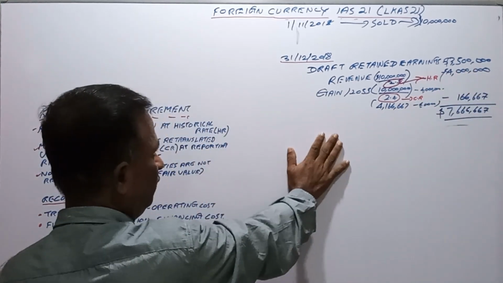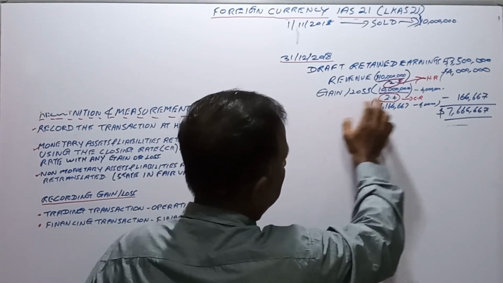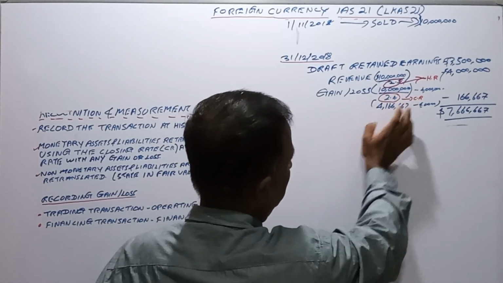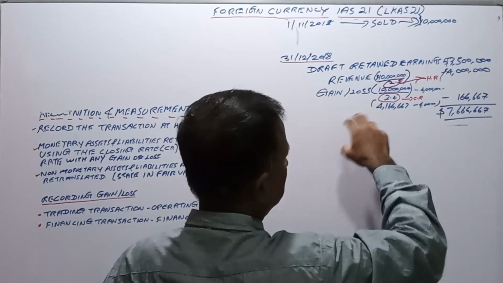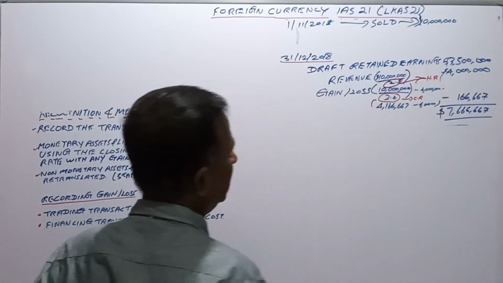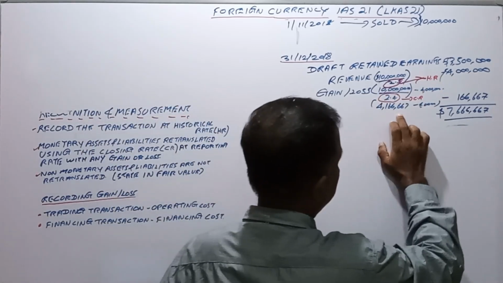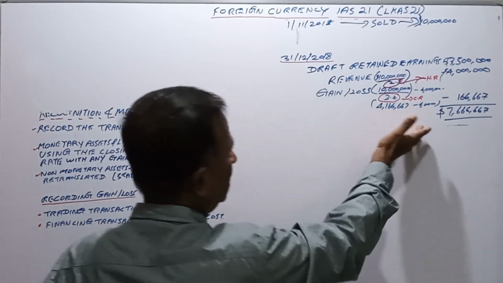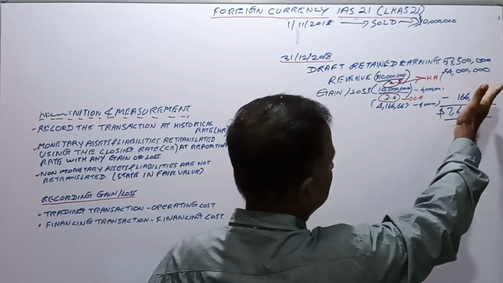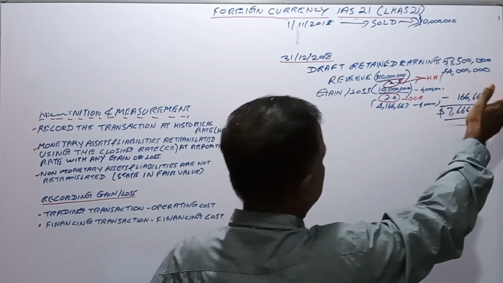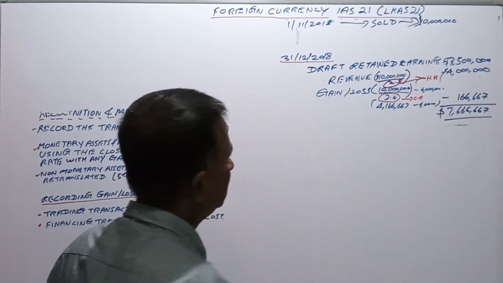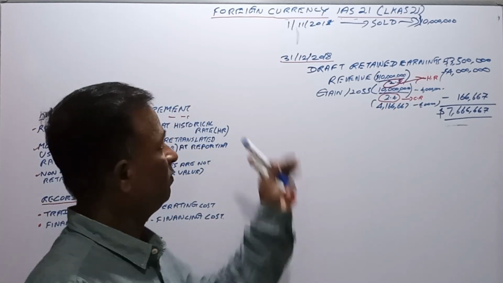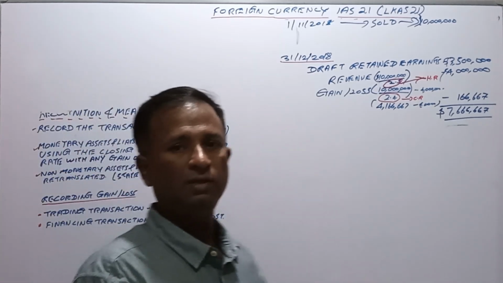When we want to find the gain, 10 million divided by 2.4 is 4,166,667, minus 4 million, then it is a gain of 166,667, right? This is the way you have to prepare the accounts.